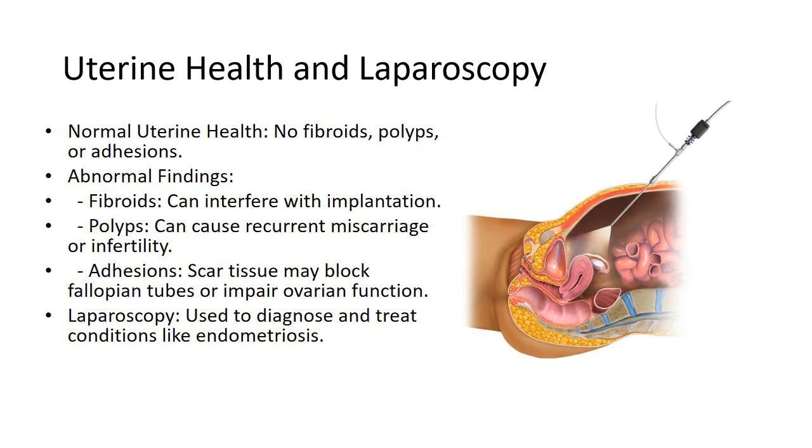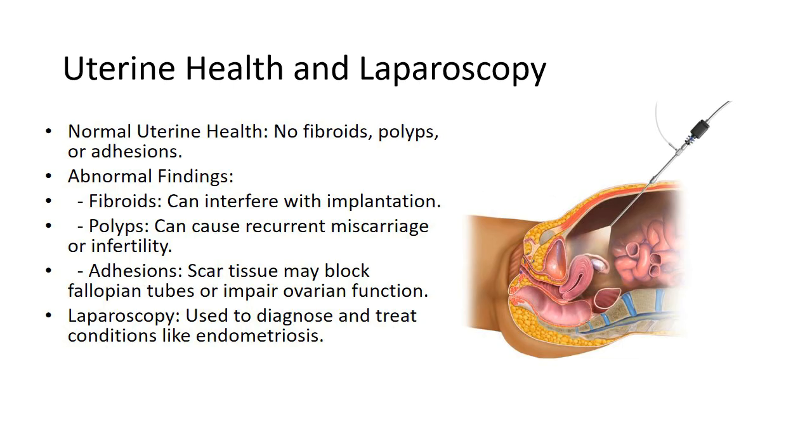Laparoscopy is often used for detecting conditions such as endometriosis, ovarian cysts, and pelvic adhesions that may affect fertility. Normal findings. No signs of endometriosis, adhesions, or ovarian cysts. Abnormal findings.